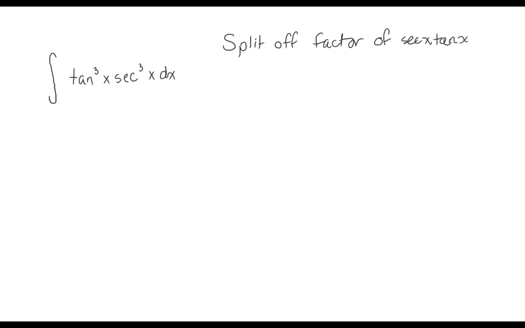That might seem kind of strange, but remember that's the derivative of secant x. So we're thinking ahead. In the end, I want to write everything else in terms of secants and do a substitution.